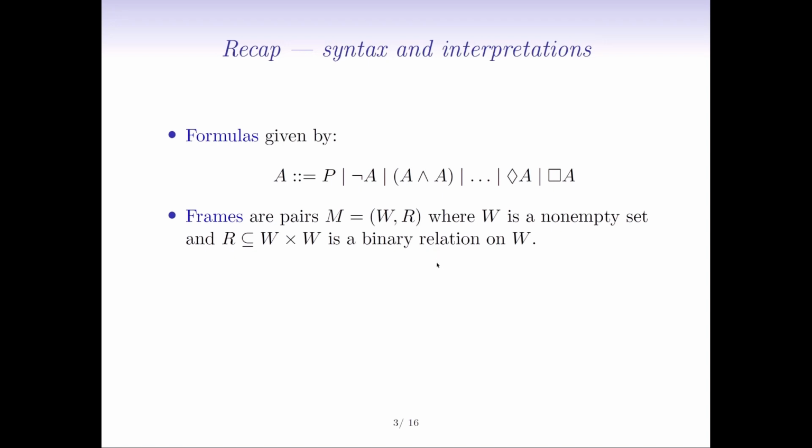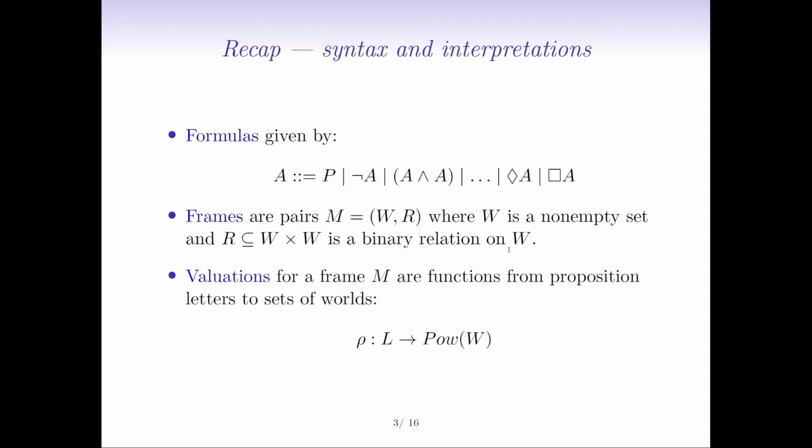A frame consists of a non-empty set of worlds, which we can think of as being vertices of a graph, and R, which is called the accessibility relation, is a binary relation on worlds. In other words, it is a set of pairs of worlds, which is exactly like edges in a graph, where edges are represented as a set of pairs of vertices.